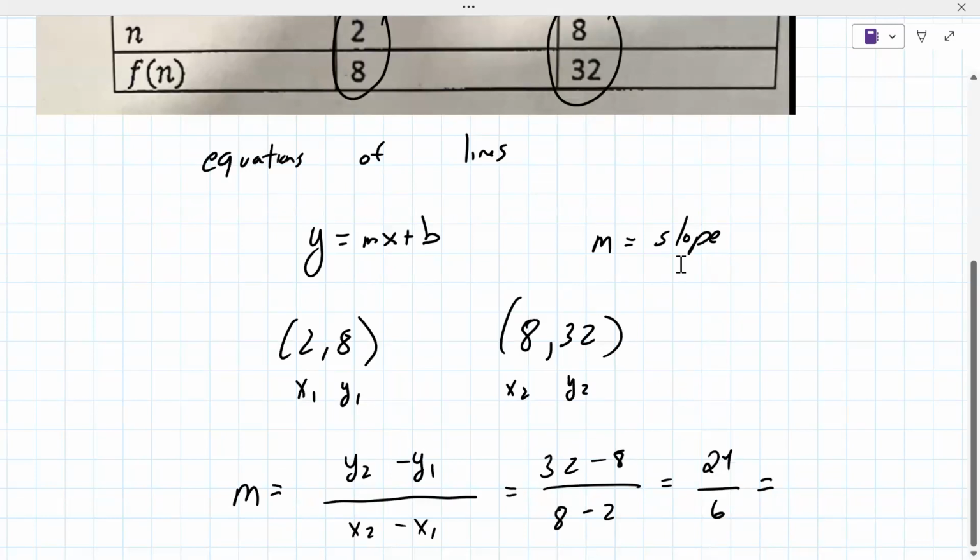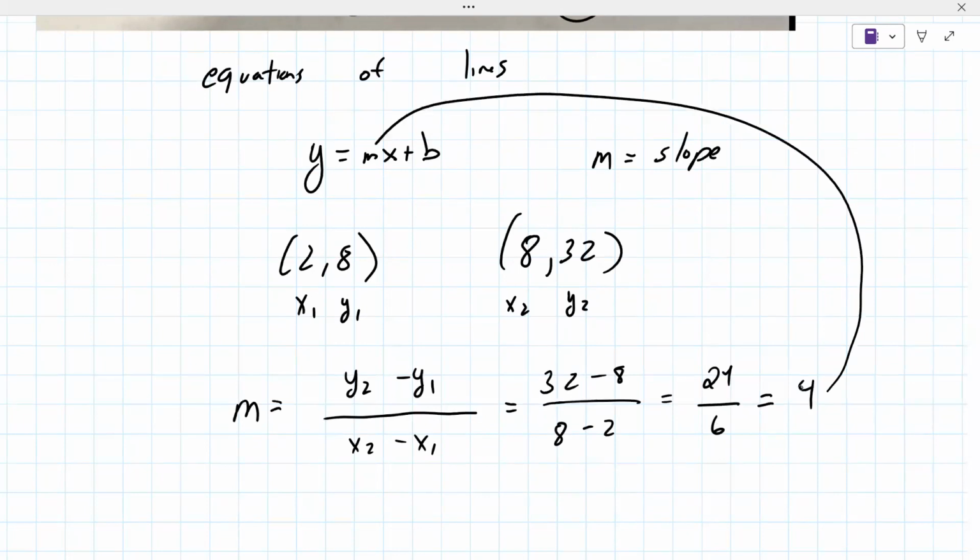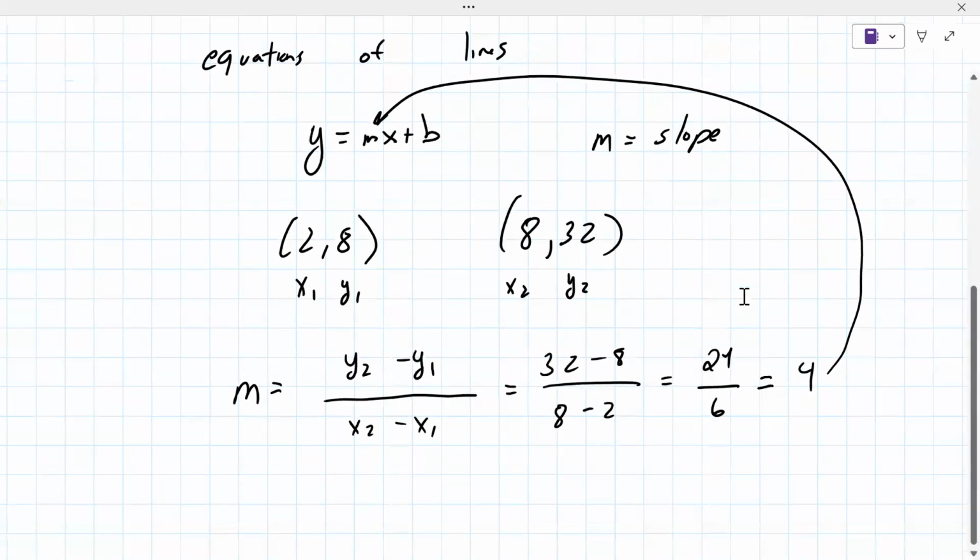Or divide by 6 and divide 6 by 6, it's 1. Okay, so 4/1. Okay, so just 4 then.